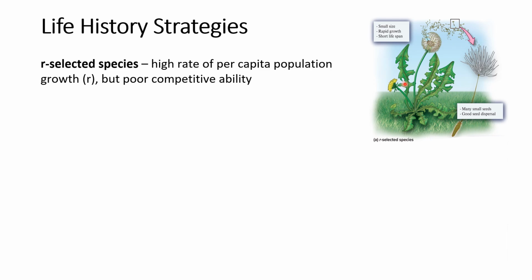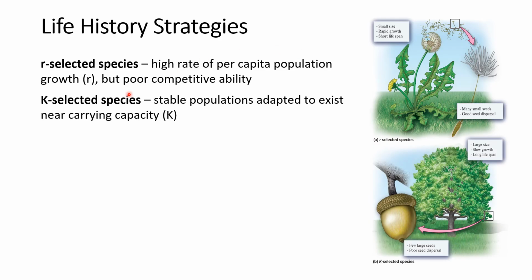In animals, this would be like mosquitoes, right? Mosquitoes are very small. They grow really quick. They don't live very long. And after it rains, man, they reproduce like crazy. So they are r-selected. A lot of things low on the food chain tend to be r-selected species.